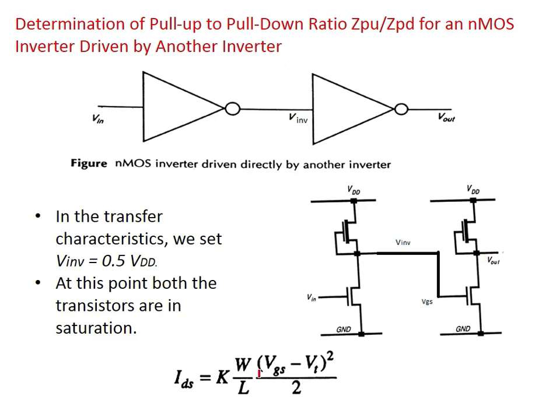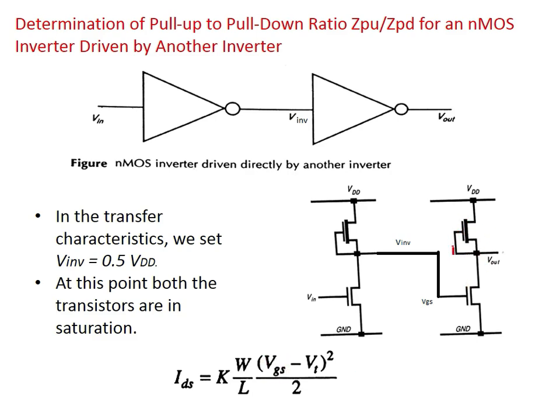Then use this equation and write down IDS. For the depletion mode MOSFET, IDS is equal to K into W by L, where W is replaced by W pull-up because it is the pull-up network, and L is replaced by L pull-up, into VGS. What is VGS for this pull-up network? It is equal to 0.